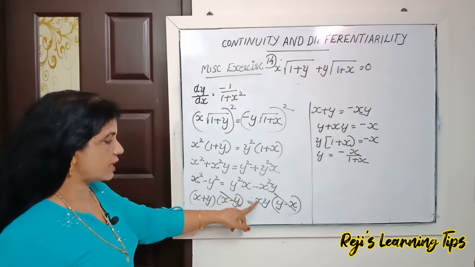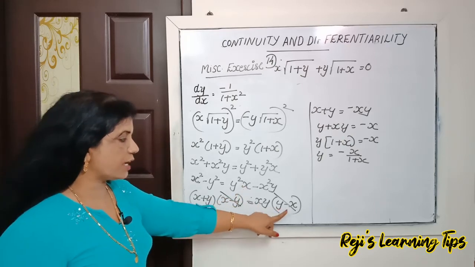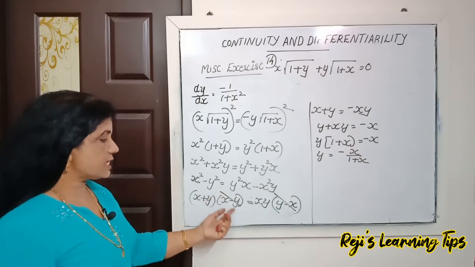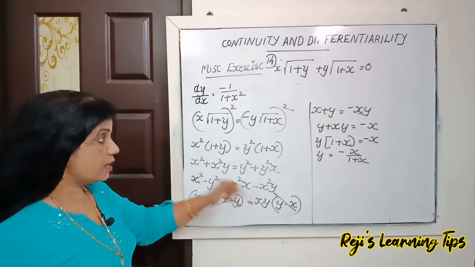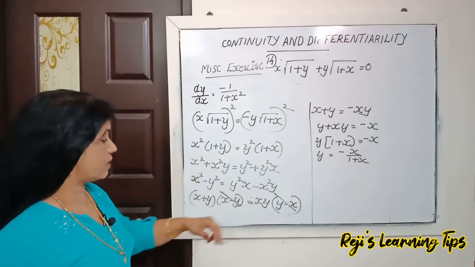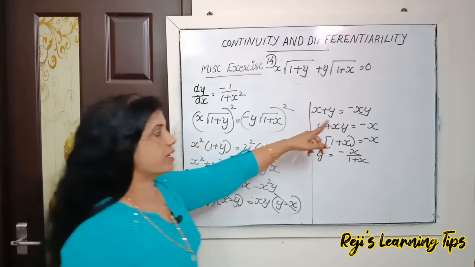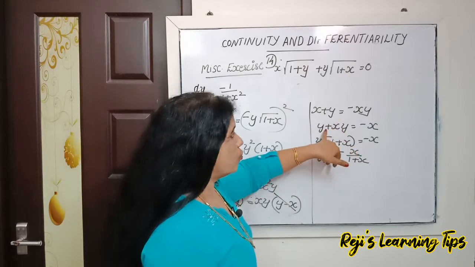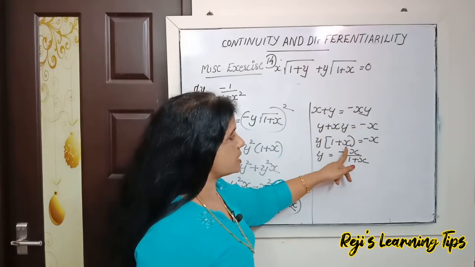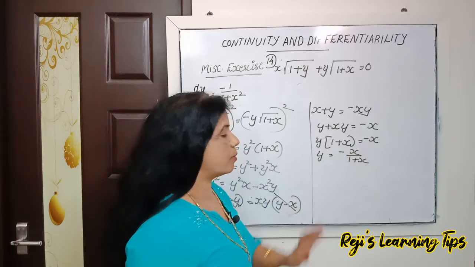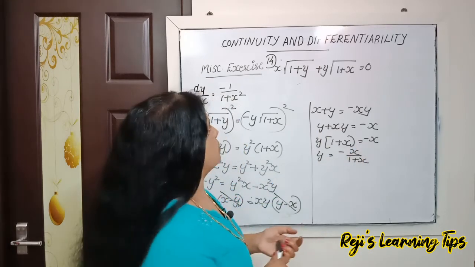Then from here we take xy out. Then we will get y minus x. We can cancel x minus y and y minus x, but here we keep the negative sign. So negative xy, x plus y is equal to negative xy. So y plus xy is equal to minus x. Then y into 1 plus x is equal to minus x. Then y is equal to minus x divided by 1 plus x.